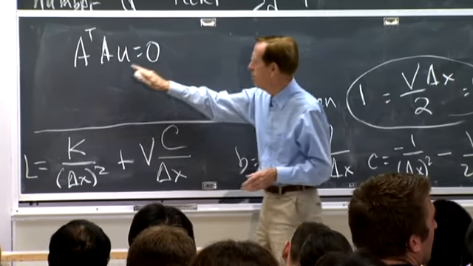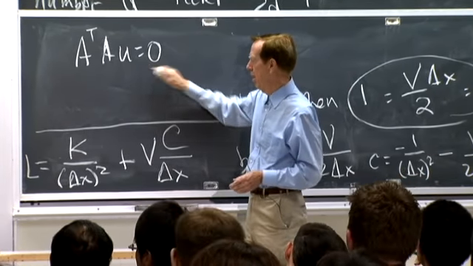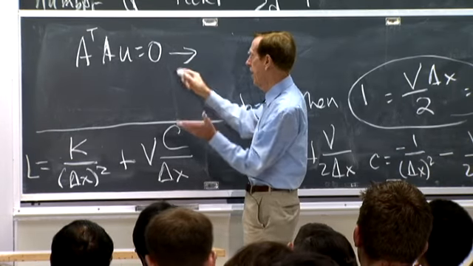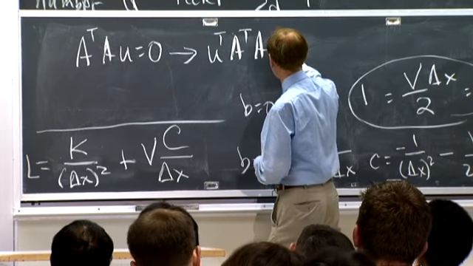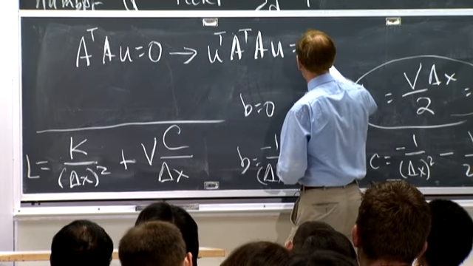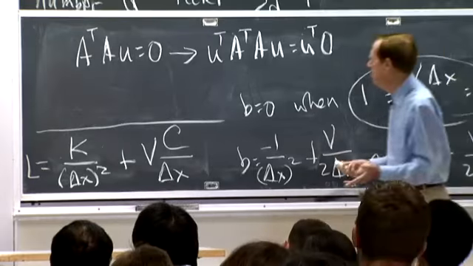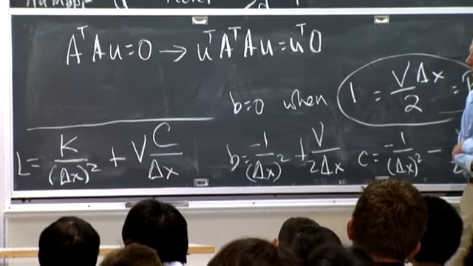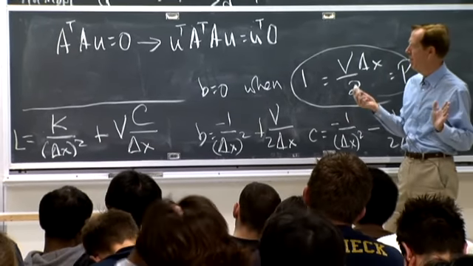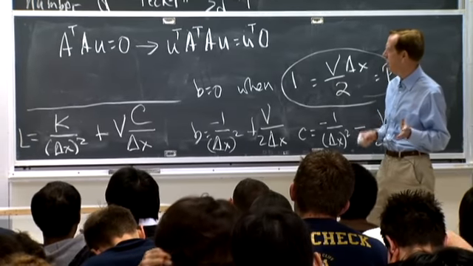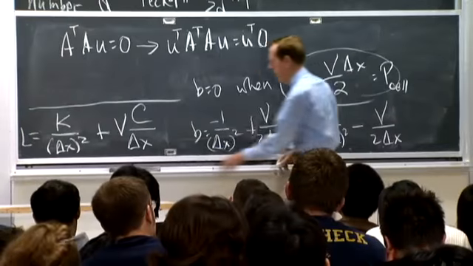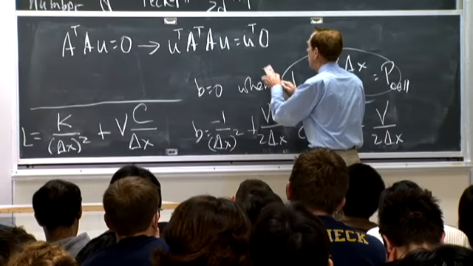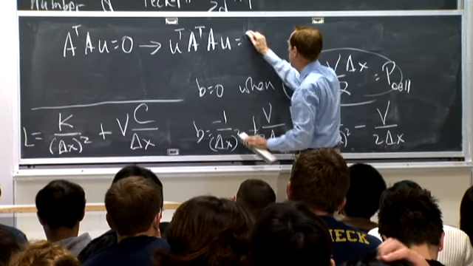So if A transpose A U is 0, then I could multiply both sides by U transpose. Safe. Multiply whatever that U might be, multiply both sides by U transpose. But what is U transpose 0? 0, nothing there.